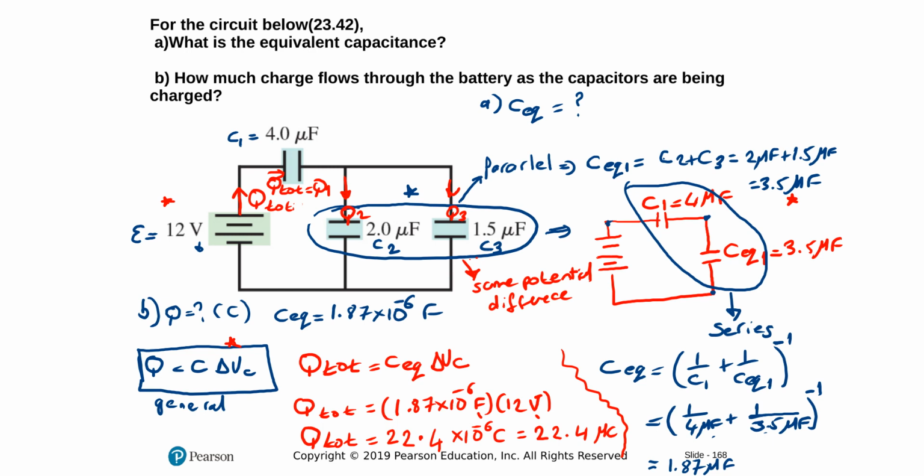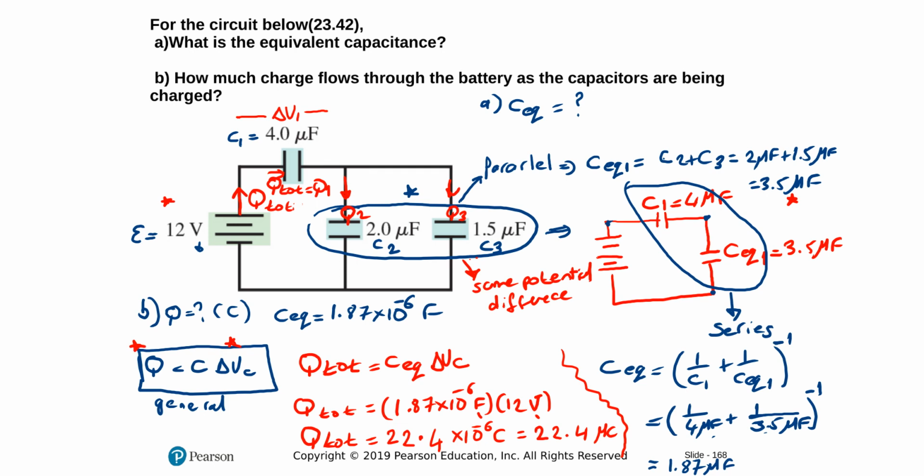Please go ahead and think about how you would find Q2, Q3. Very similar to, again, a resistor circuit. I know Q1, so I can easily find the potential difference across this first capacitor. I know Q, I know C, I can get to delta V using this general equation again, right?